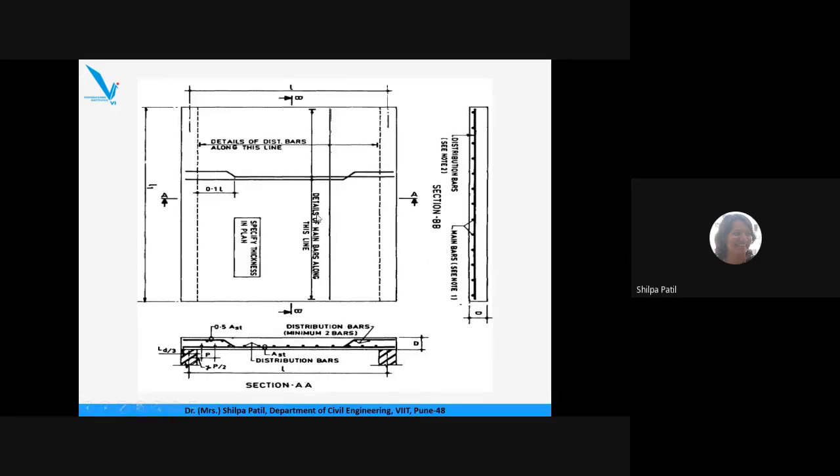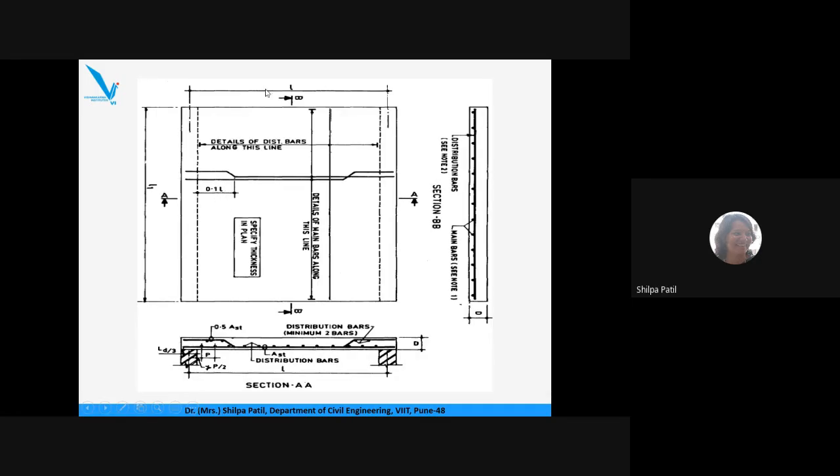We do not draw all the lines or all the bars. We simply draw two bars, one showing a bend on the right hand side, another showing the bend on the left hand side. What should be the distance for the bent up bar? That is specified clearly, and we have to adopt the specified value only, which is always taken as 1.1 L.